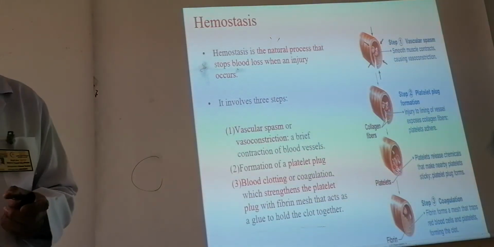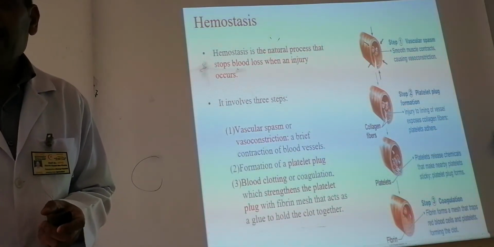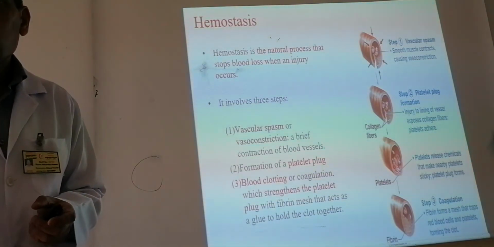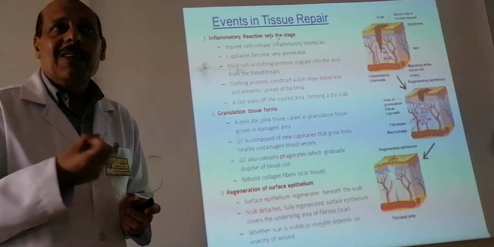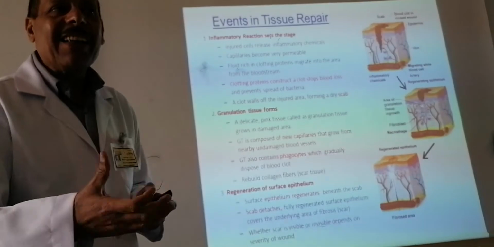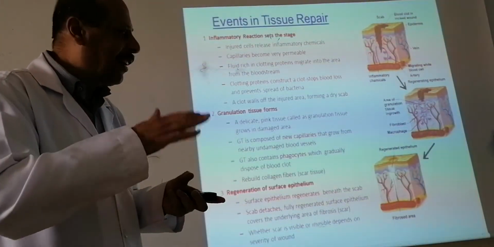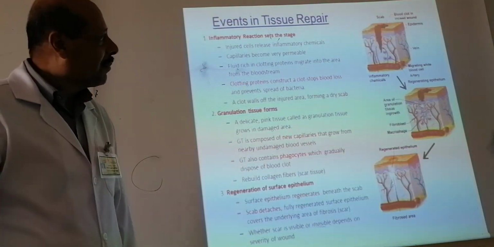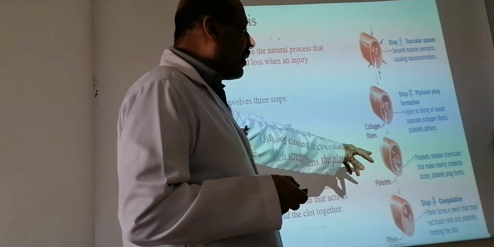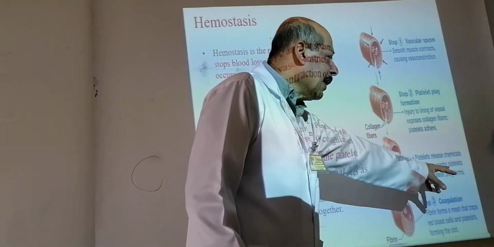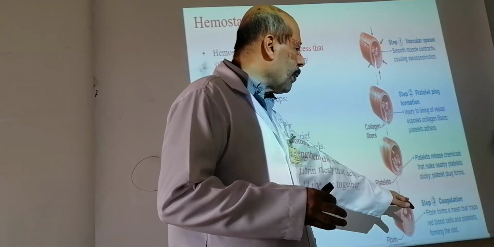That chemical substance will attract other platelets to the area, and by that they form a bigger plug there in order to close the area. So platelets release chemicals that make nearby platelets sticky and a platelet plug will form.